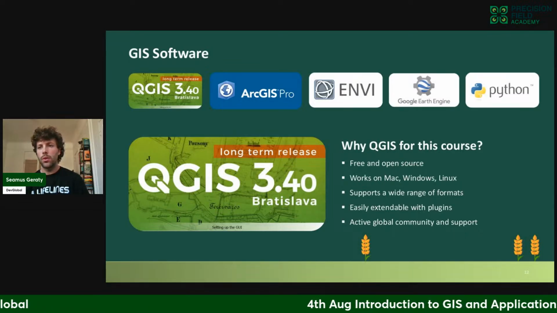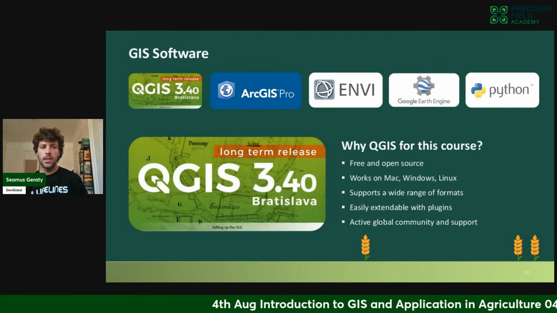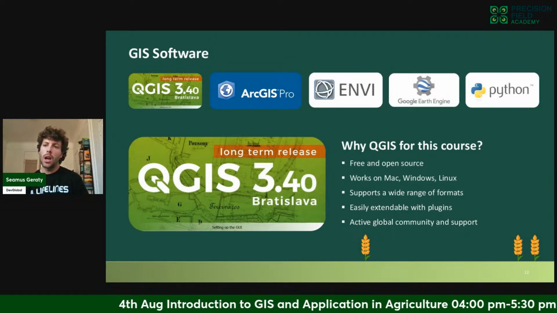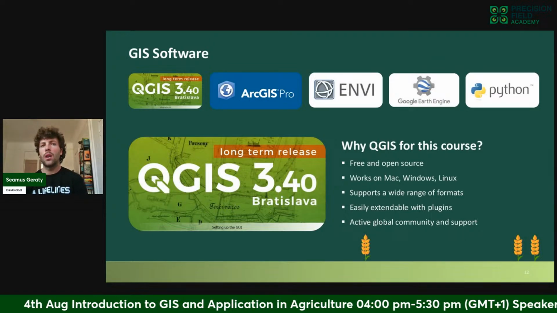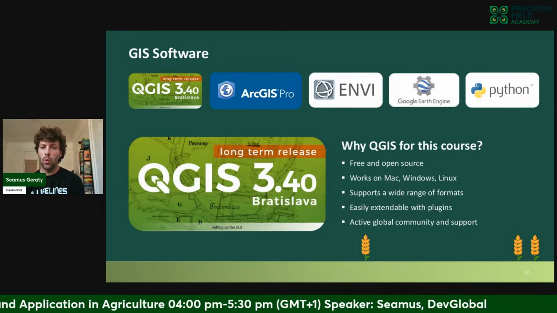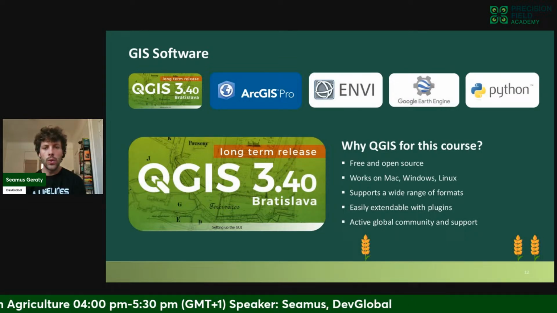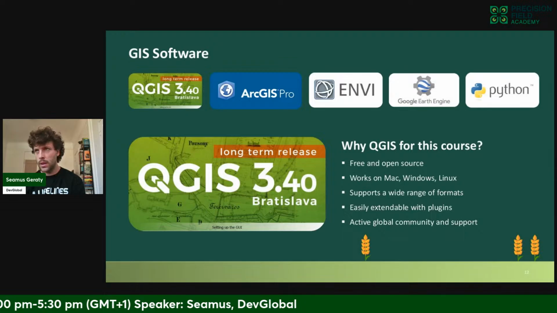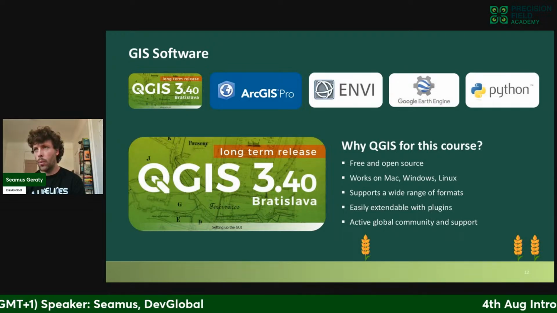So GIS software, I'm going to talk kind of briefly about this. There's a couple of different ones that are out there. ArcGIS is a very popular one. It's the one that I learned on in school, and many of you might have become exposed to it, whether you know it or not.